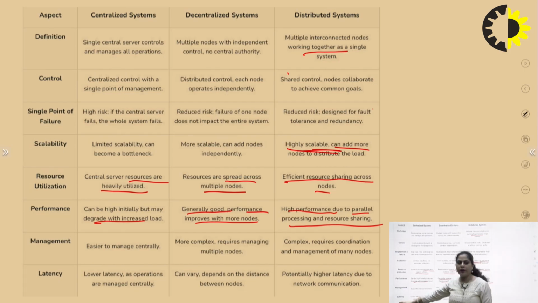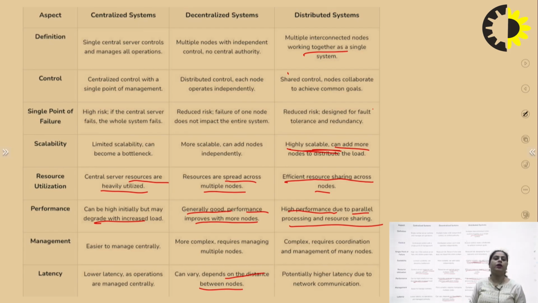In the case of latency, the centralized system has lower latency as operations are managed centrally. The response time can vary depending on the situation. In a decentralized system, the latency can vary depending on the distance between the nodes.